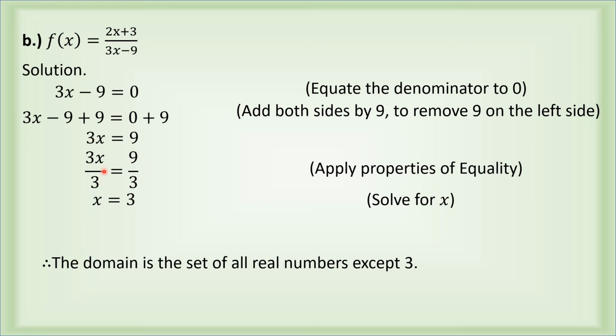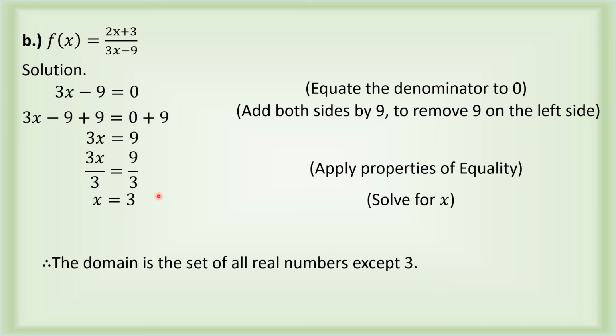Then we need to remove the coefficient 3 from the variable x, so we divide both sides by 3, and we have 3x divided by 3 equals 9 over 3. Simplifying, we have x equals 3. Therefore the domain is the set of real numbers except 3.